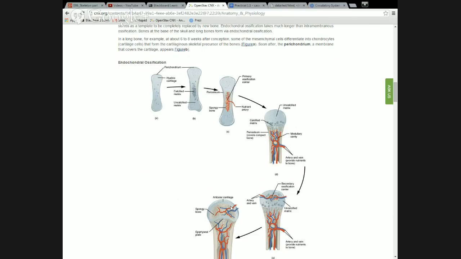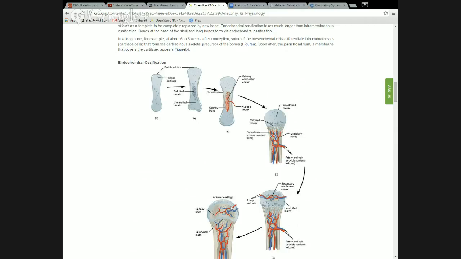Long bones grow in two stages. The shaft, or the diaphysis, grows first from a primary ossification center, and then the two epiphyses at either end grow second, a little later, with their own secondary ossification centers, which is what this picture is laying out.